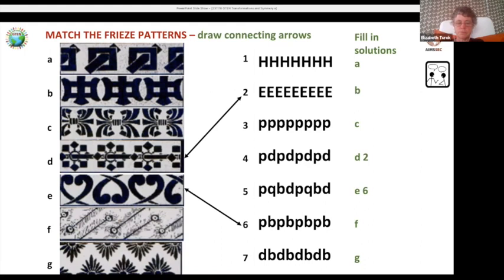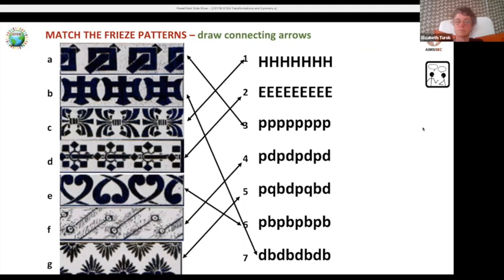No, this isn't easy, but see if you can do it. There we are, and there's the solution. You can check that for yourself.